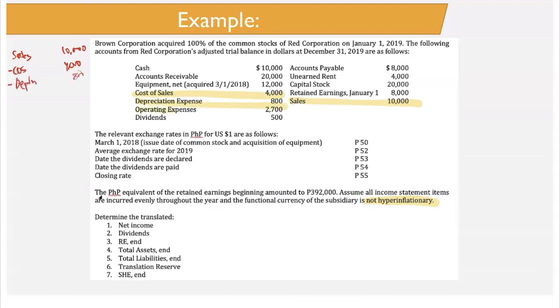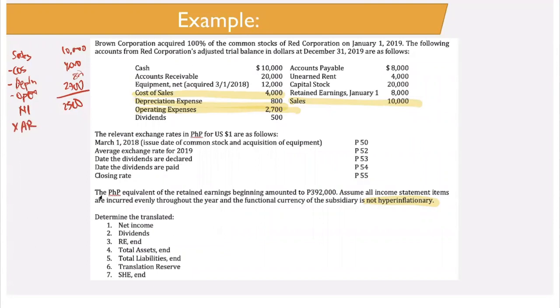And then we have your operating expenses, $2,700. So how much is our net income? So 10,000 less 4,000 less 800 less 2,700 will give us 2,500. And after that, we just multiply it to your average rate.